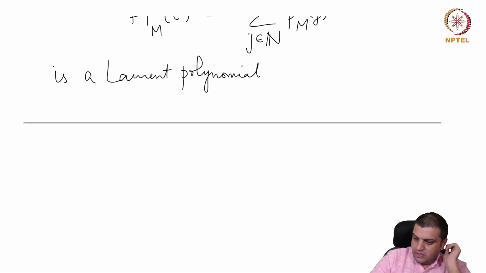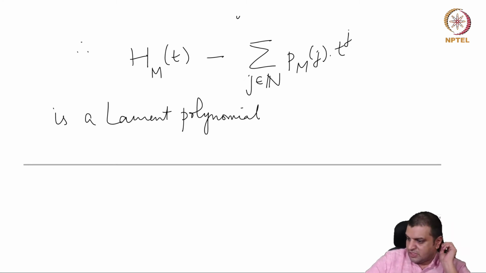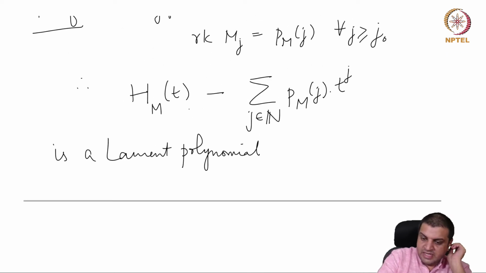Now the Hilbert polynomial itself is a Laurent polynomial divided by 1 minus t to the d. This we established. Now if you take h and subtract a Laurent polynomial, we will get that this is also of the same form.